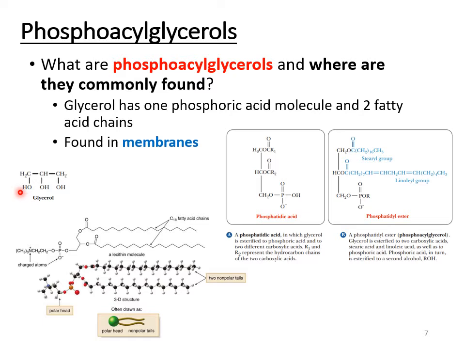So instead of having the 3 alcohol groups replaced by 3 fatty acids, in the phosphoacylglycerol you get one phosphoric acid molecule attached, you can see it here, and then the other two are fatty acid chains. You can see it here and here.